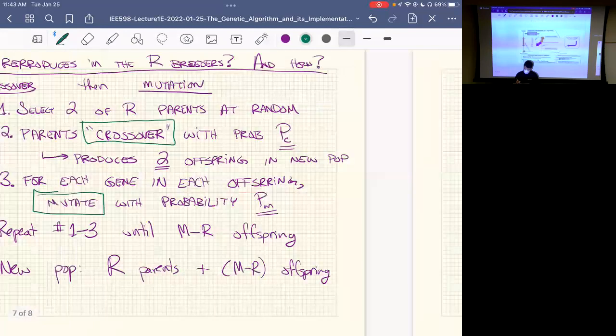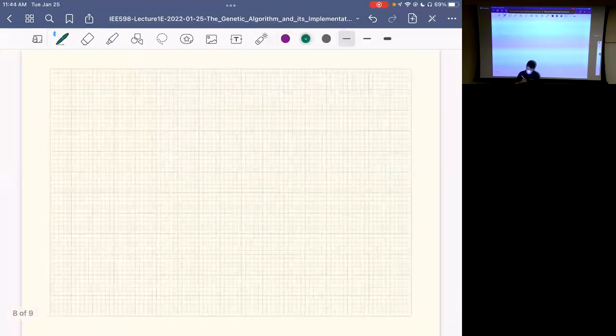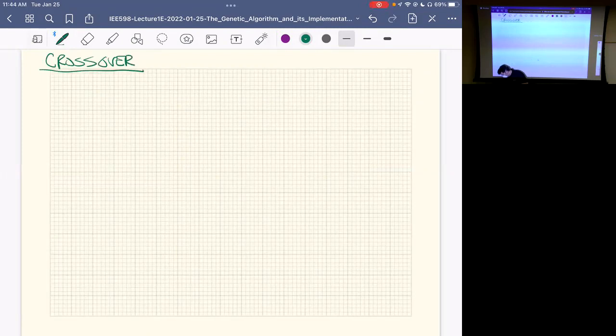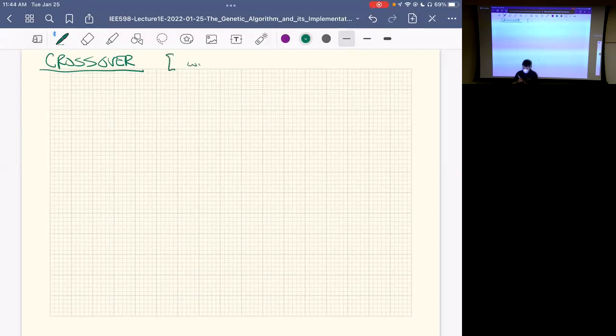So for crossover, again, this is the simplest version of crossover. We can have multiple point crossover. Crossover happens with probability PC, and there are multiple types.